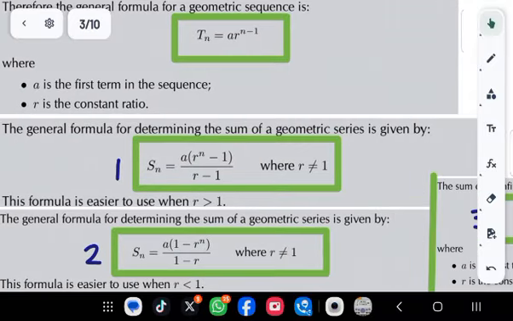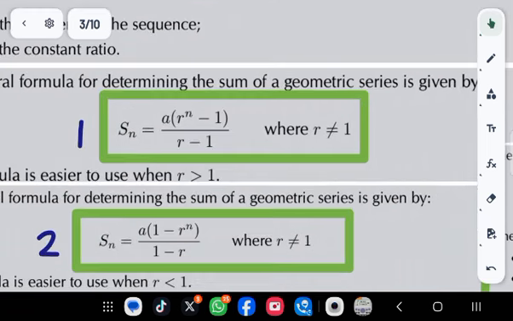Now, to find the sum of a geometric series, we've got 3 scenarios, and depending on the scenario that you're dealing with, the formula for the sum of the first n terms that you use could be different, just to make your calculations a whole lot easier. Remember, you can use any of these. For the first and the second one, let's look at the difference.